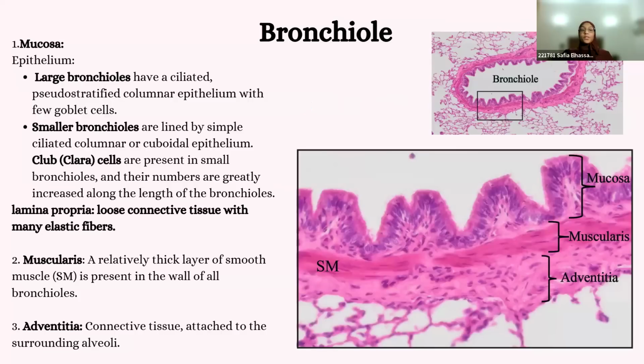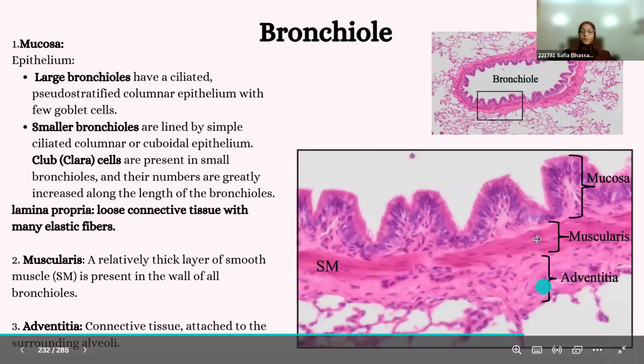So larger bronchioles, their epithelium would tend to resemble that of a trachea a little bit more, and that of a bronchus a little bit more, where you would see ciliated pseudostratified columnar epithelium with goblet cells, but smaller ones would only have simple ciliated columnar or cuboidal epithelium, and they would have less goblet cells. Then you would also have the lamina propria, which is this connective tissue layer, the muscularis, which is going to be that layer of smooth muscle, and then the adventitia, which is the connective tissue, and it's going to connect it to the surrounding alveoli.